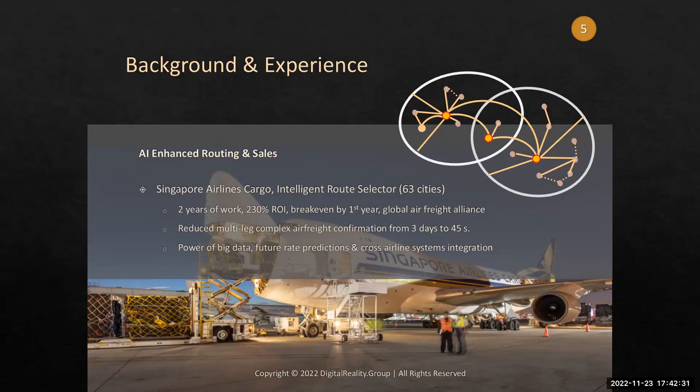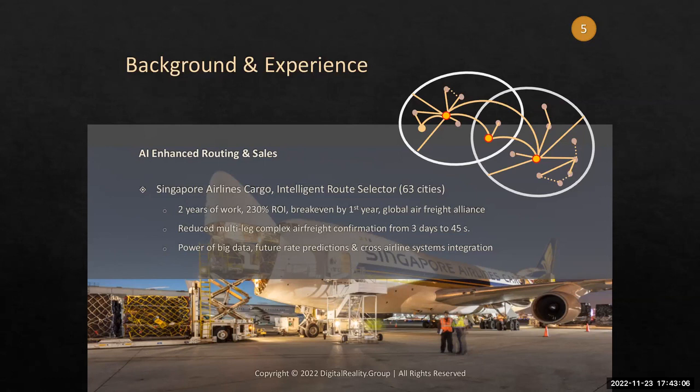To get 4 legs of transportation confirmed, because of time differences, handling arrangements, and the need for aircraft schedules to match, the competitors of Singapore Airlines Cargo would take around 3 to 4 days at the fastest to confirm the route, let alone know what rate to charge in the future. So we built an AI project over it.